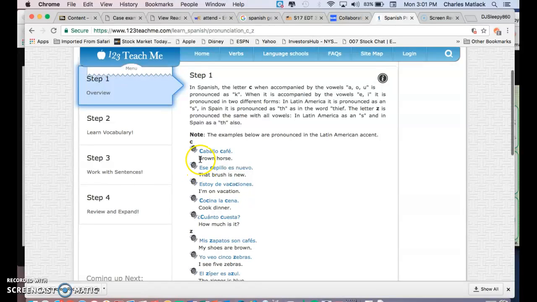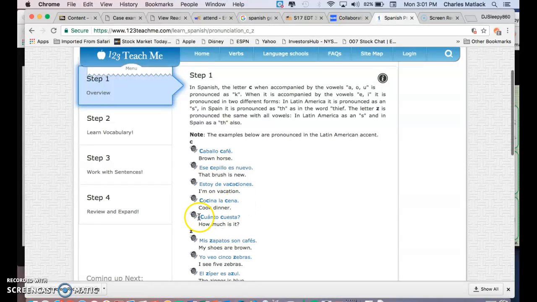So for example, here we have hard C. Caballo, café. Next, we have a soft C followed by an E. Ese cepillo es nuevo. Now, in this word, we have both a hard C and then a soft C. Estoy de vacaciones. Same with this word cocina, a hard C and then a soft C. Cocina en la cena.